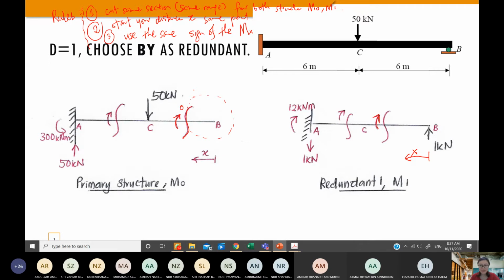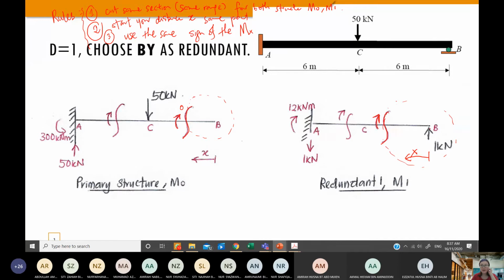Are you okay? Am I too fast? Yes. Okay, so I will quickly do M1 right now as well. The same section: I cut and I start my X from B, and I'm considering the right section. The left section is not under my consideration.